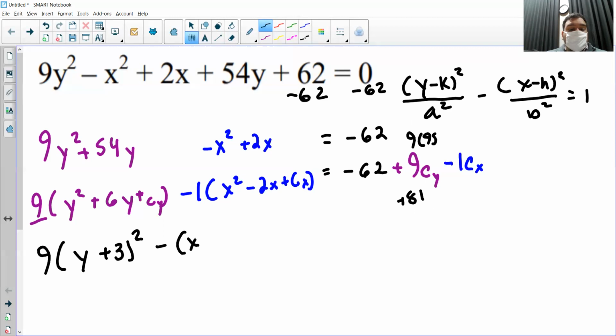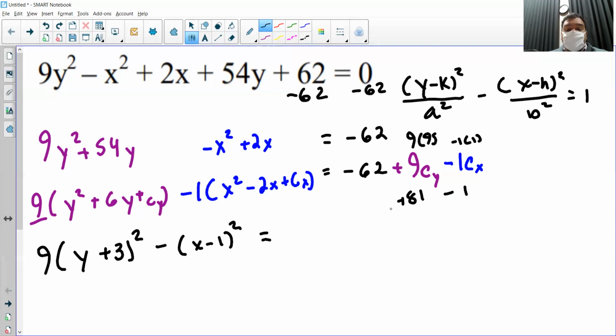Minus x squared, or not x squared, but minus, I have to add the perfect square over here. Since it's -2, cut it in half. -1 squared, +1. So I'm just going to go x minus 1 squared. But since it was a +1, I have to put it here. So -1 times +1, which is a -1.